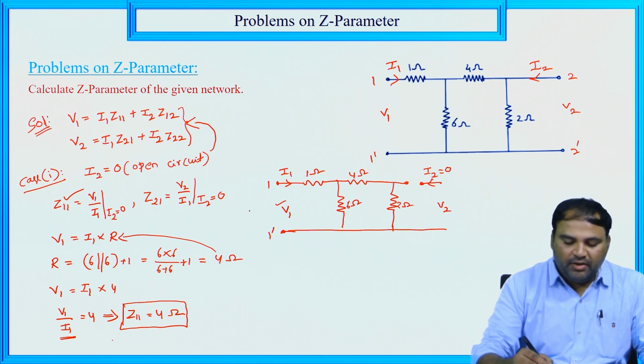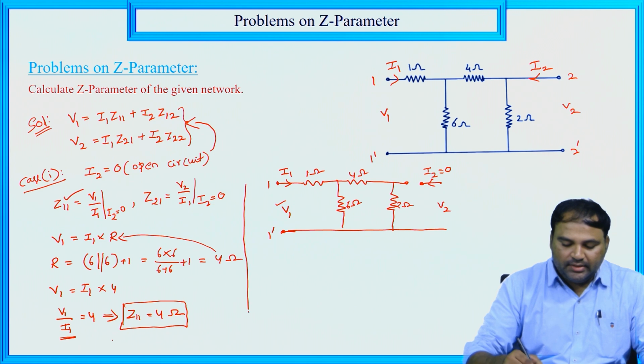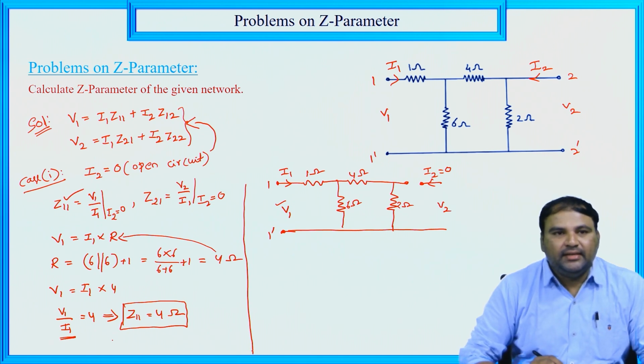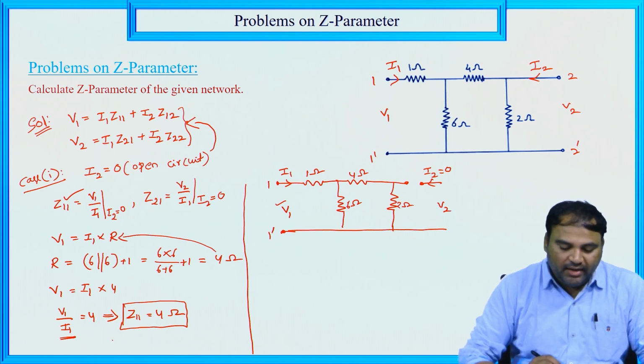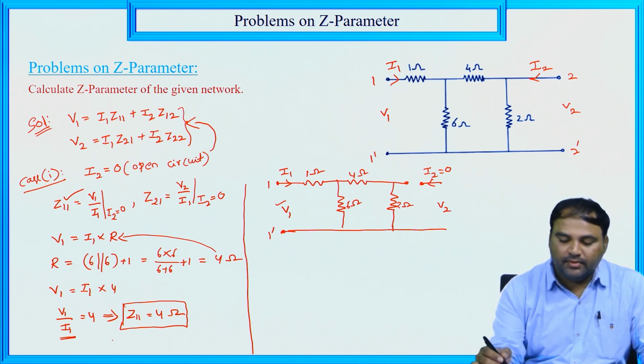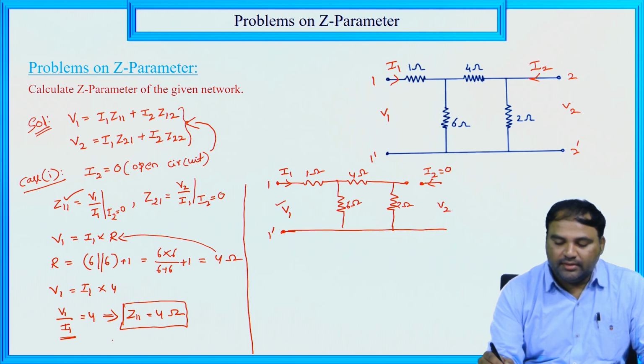Similarly, we have to calculate the next parameter, that is Z21, which is equal to V2 divided by I1. Here, 4 ohm and 2 ohm are in series.